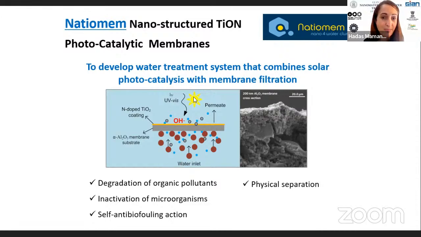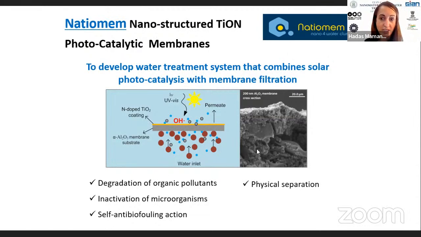The water flow was bottom up. So the water was filtered through the ceramic membrane, and then we generated a thin film of water after removing the particles, with ceramic-based, alumina-based membranes as a substrate.